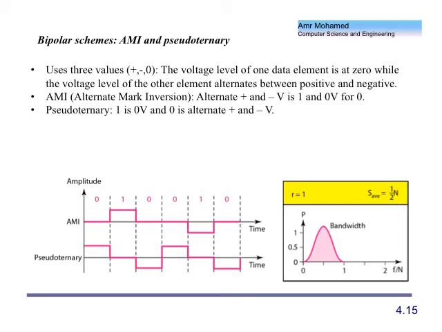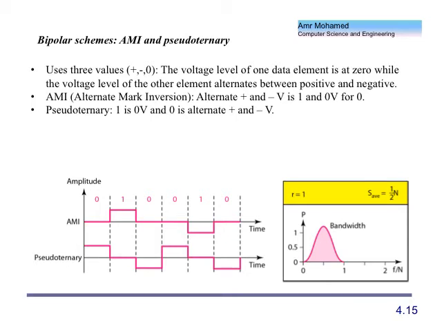So I cannot say that this one is much better than Manchester, or that Manchester is better, because each one has goods and bads. Manchester does not have a DC component, does not have baseline wandering, and it has self-synchronization.